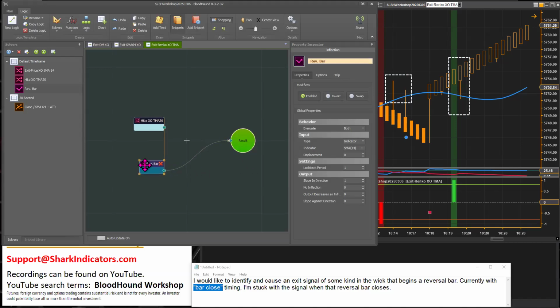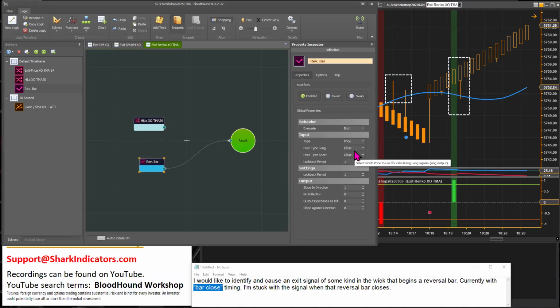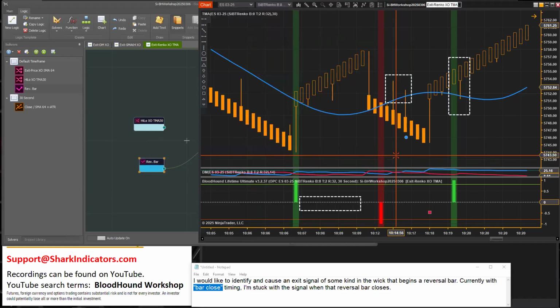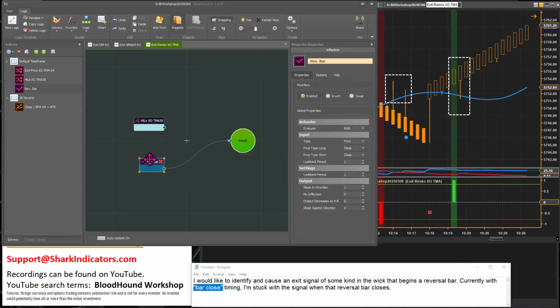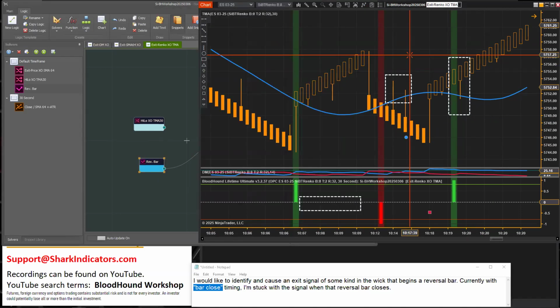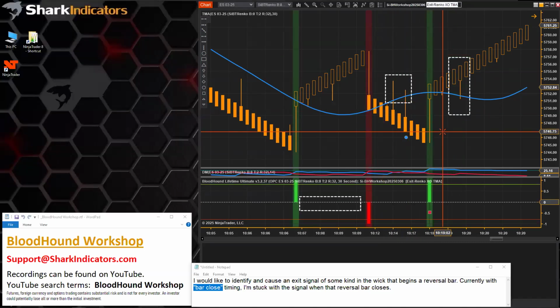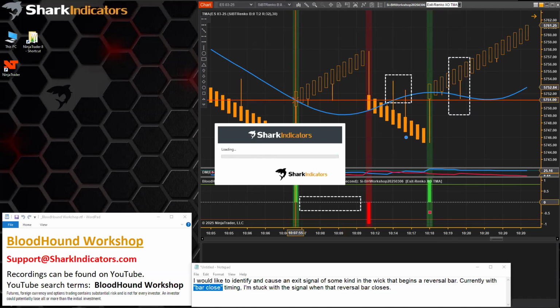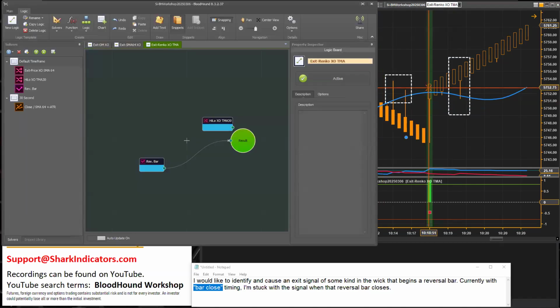I have an inflection solver, and the input type is going to be price. Let's refresh. There we go, so there's our reversal bars. These reversal bars are what initiate the blocking.